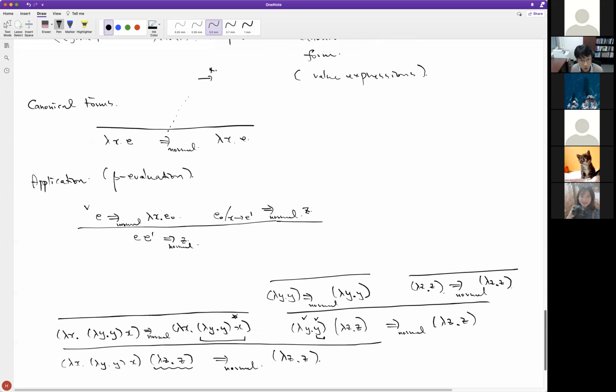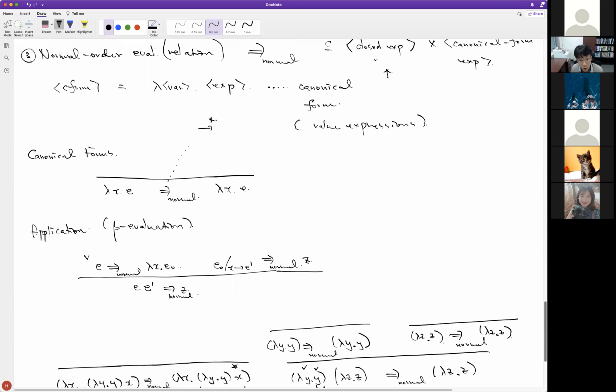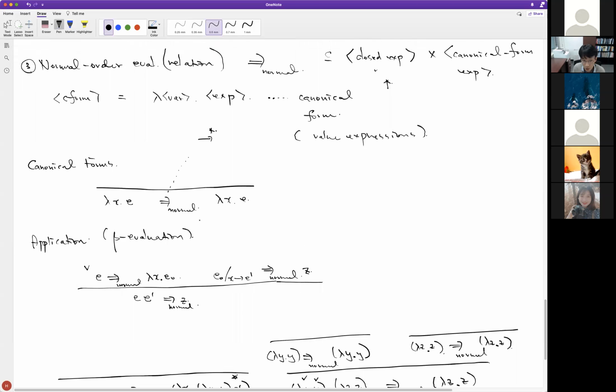Okay. But then you might ask, here we are defining some relations from scratch. Is it going to have any relationship with the reduction relation that we defined before?